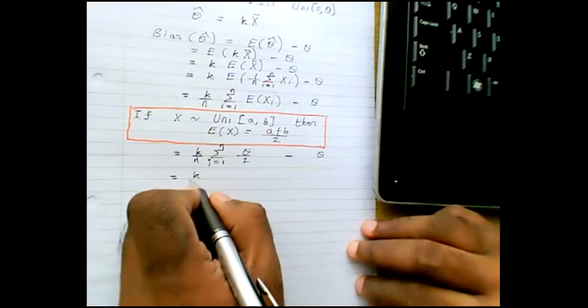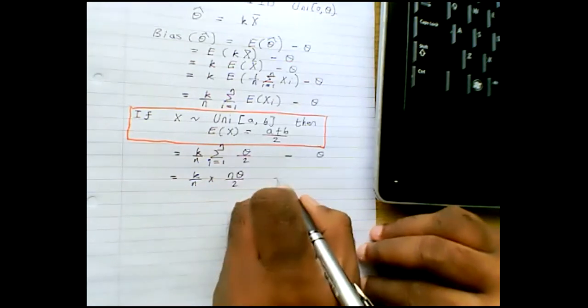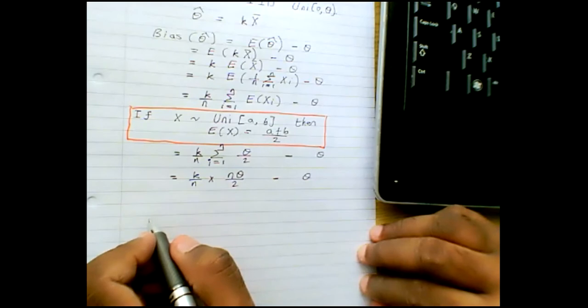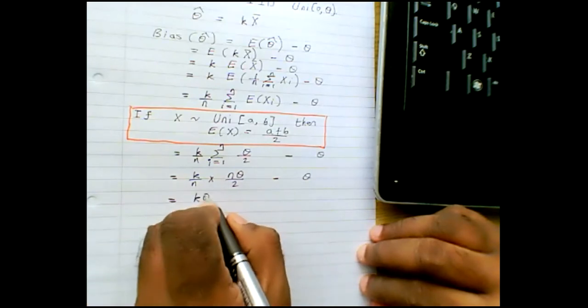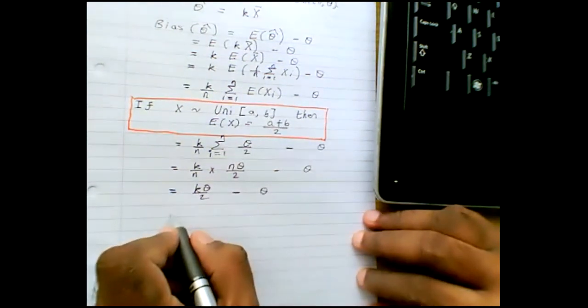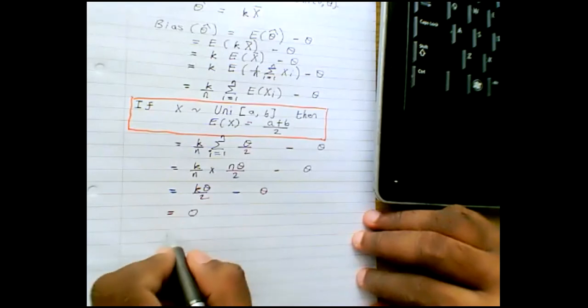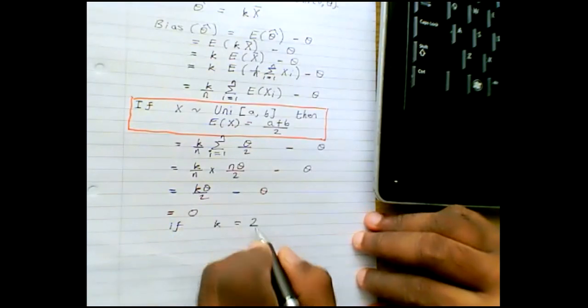So this is k over n times n times (theta by 2 minus theta), right? The two n's cancel, so you get k times (theta by 2 minus theta), right? And this is equal to 0 if k is equal to 2, right?